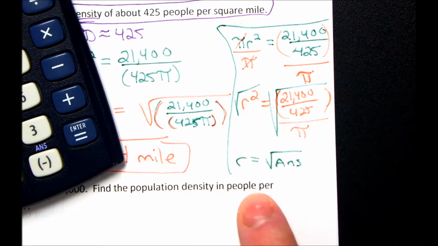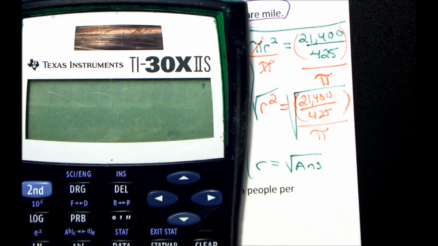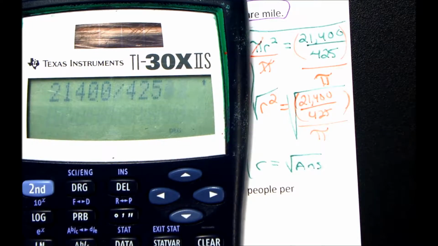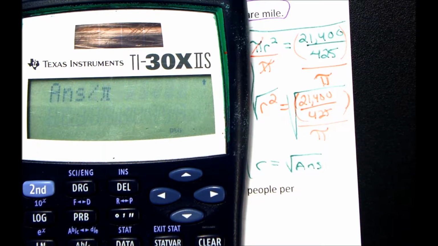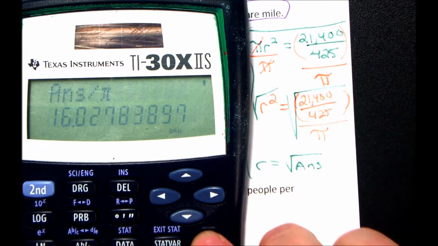And again, it's only going to be the positive answer, not positive and negative. So let me show you what that looks like. So 21,400, divide that by your 425. You can hit equals, or you can just hit divided by pi. So let me do that again without hitting equals between.